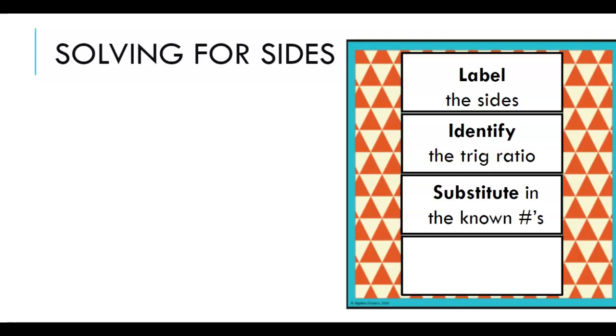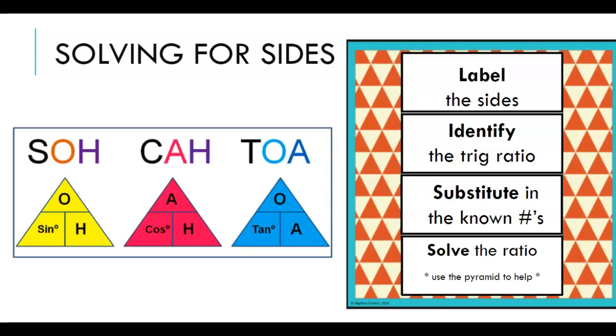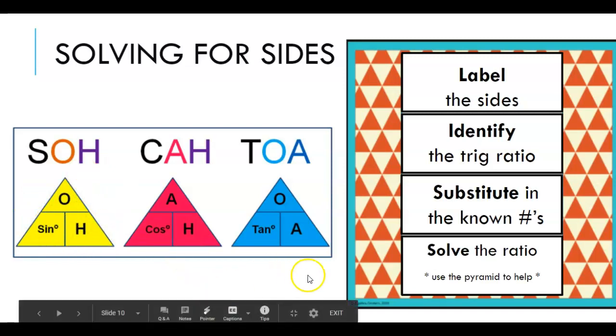After you identify the ratio, substitute the known values that are given to you, then use that ratio to solve the triangle. These pyramids will help you to use the proper ratio and follow through.